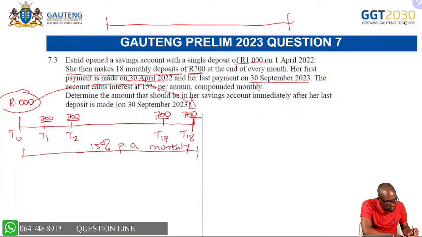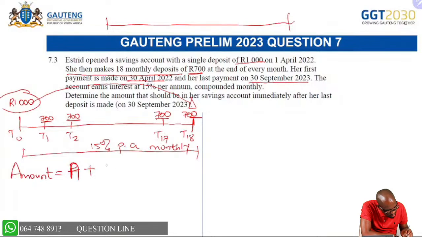So for my amount, I can use my A value from compound interest plus the amount that I get when I use the future value. My A value would be from the formula P(1 + i)^n.